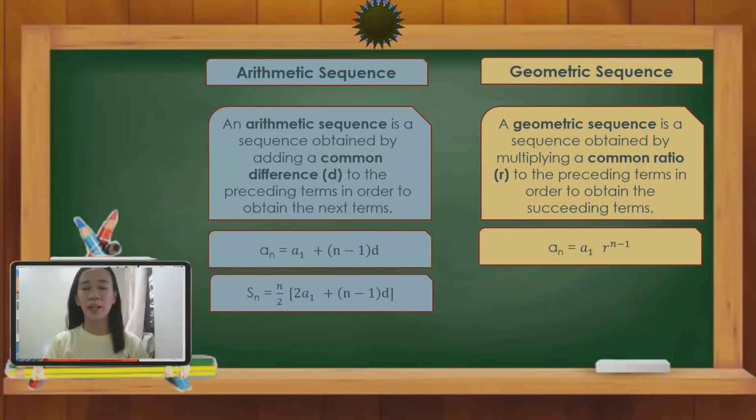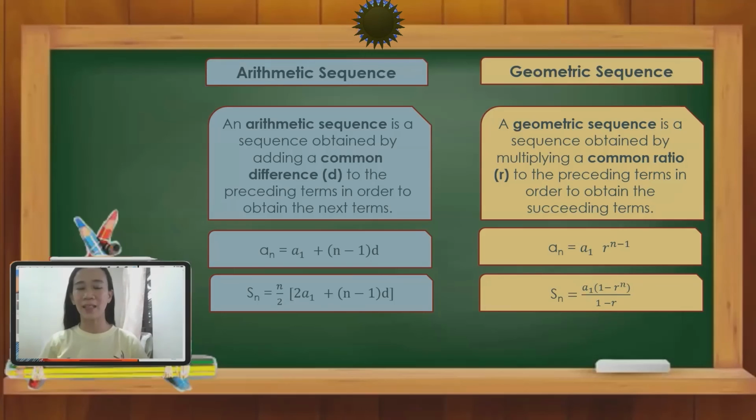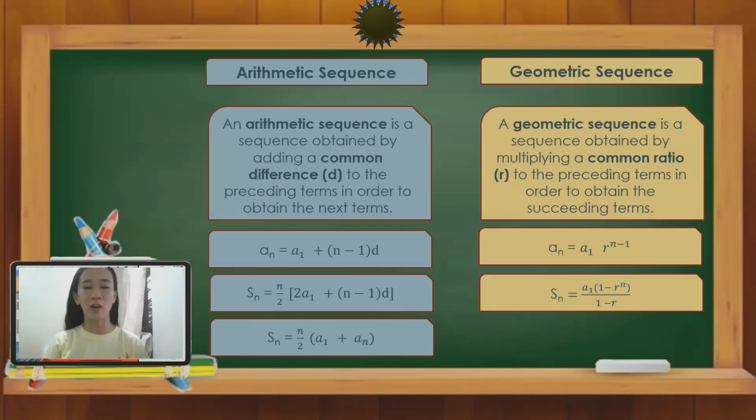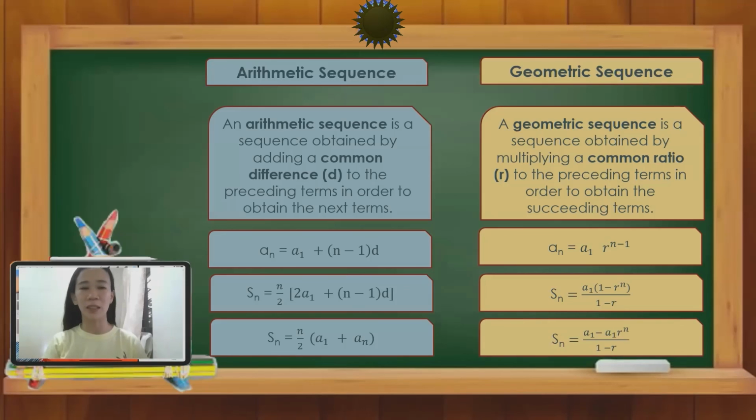How about the formula in finding the sum of geometric sequence? That is S sub n is equal to a sub 1 times the quantity 1 minus r raised to n, all over 1 minus r. We also have another formula in finding the sum of arithmetic sequence and the sum of geometric sequence.